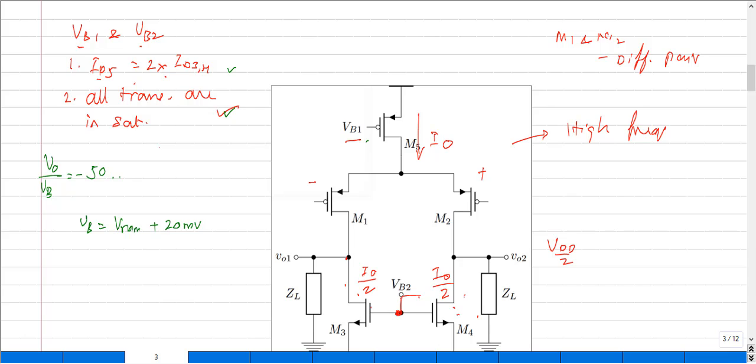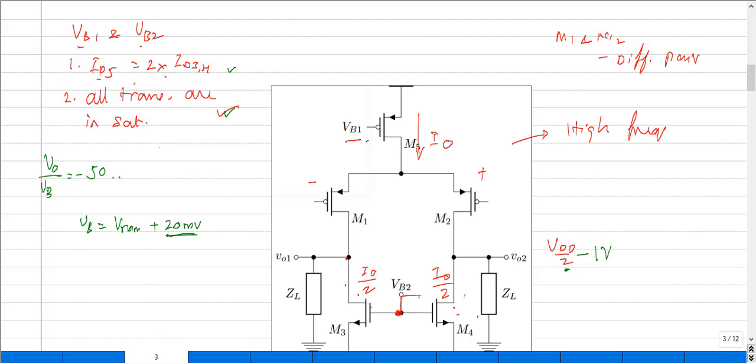We want this output common mode voltage to be around half the supply voltage, but due to this change in VB2, the output voltage, which was previously hanging around VDD by 2, has now been reduced by 1 volt.